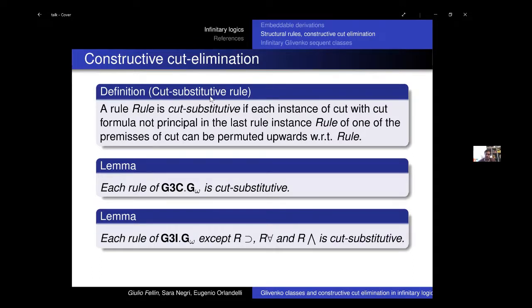A rule is cut substitutive if each instance of cut, with the cut formula not principal in the last rule instance of one of the premises of cut, can be permuted upwards with respect to the rule. Okay, so we have two lemmata. Each rule of the classical calculus is cut substitutive, and each rule except the usual three in the intuitionistic calculus is cut substitutive.